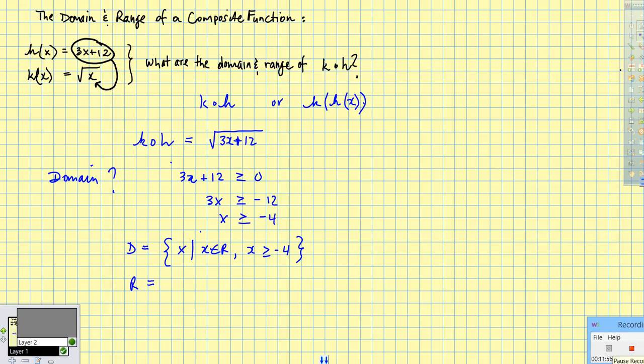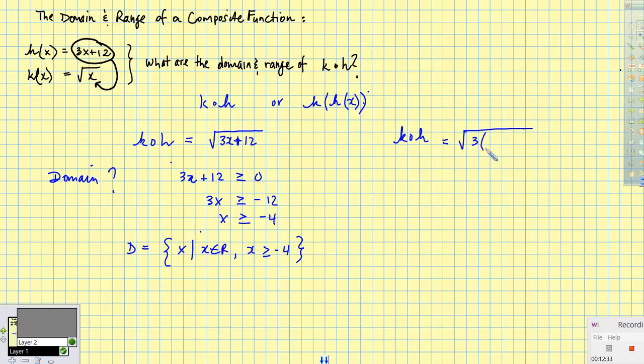Now, in order to find the range, well, the range depends on what our values of the domain are. So if I have a restriction on the domain that tells me that the domain has to be greater than or equal to negative 4, does it not make sense for us to go back to the original function of k of h of x and say, what if I replace the value of negative 4?